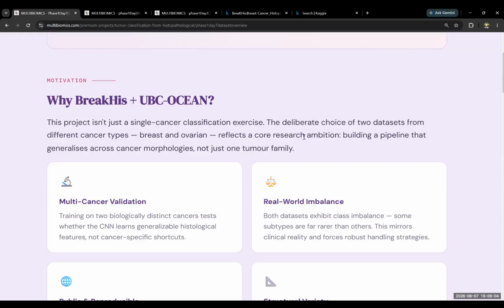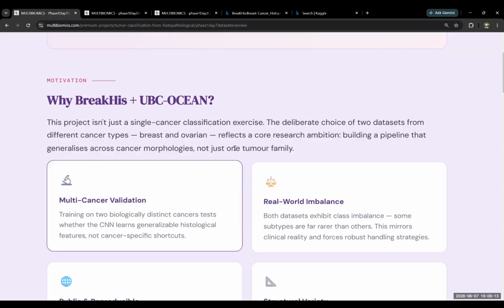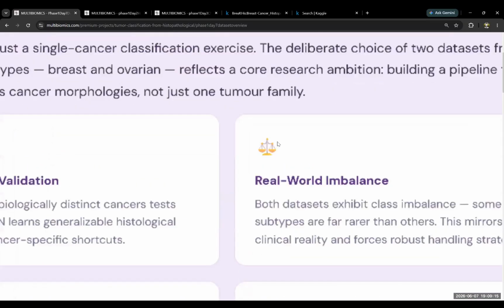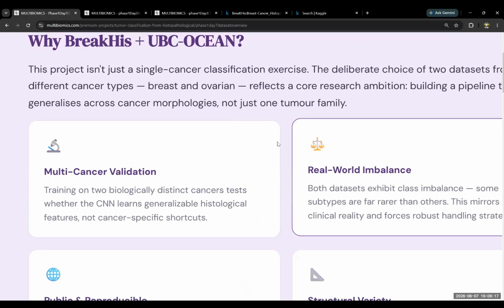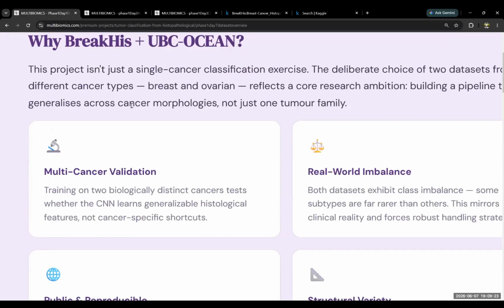Okay. And so what does it reflect? What is the research ambition? We wanted to build a pipeline that generalizes across cancer morphologies, not only for one cancer type. Let us see whether we can build a multi-purpose model which can detect several cancer types. Okay, so not only just one tumor family.